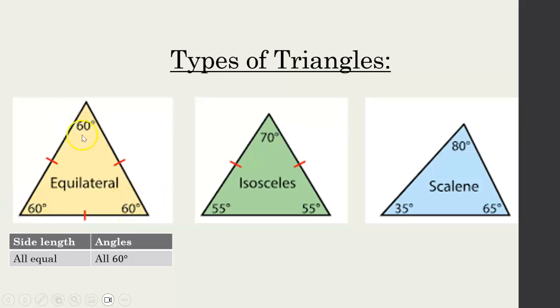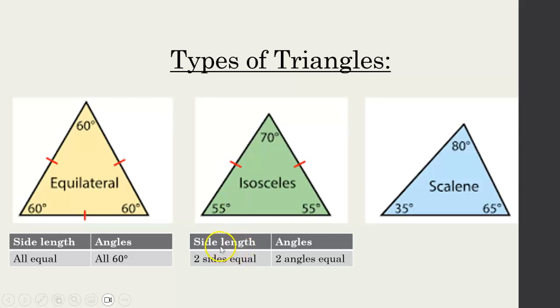That's the only time all the angles can be the same, because they all have to be the same and they add up to 180. So 180 divided by 3 is 60. So if that length was, I don't know, 5 meters long, this would be 5 meters, this would be 5 meters, and then all the angles are the same.